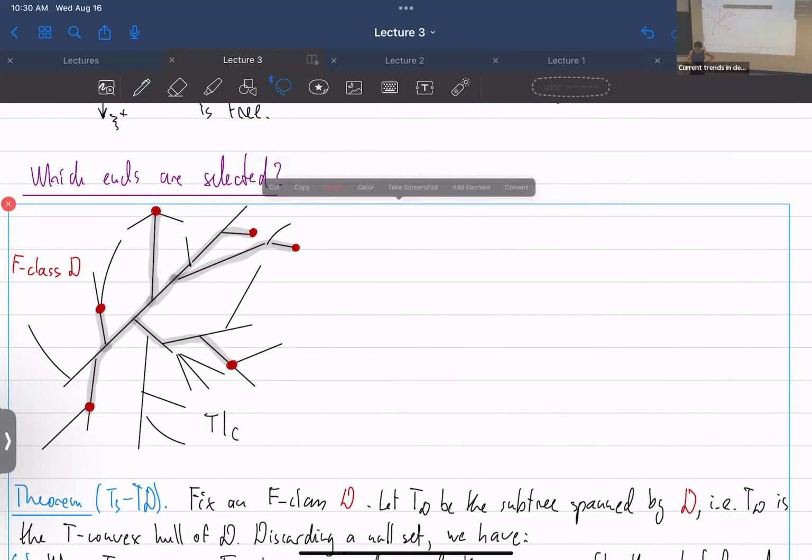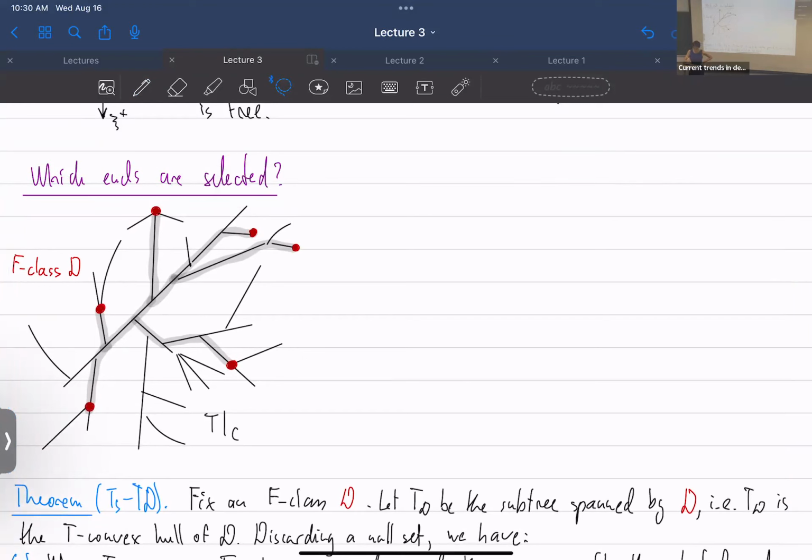Okay, so we know that if you have a treeable equivalence relation and an amenable equivalence relation F sitting in this treeable equivalence relation, then each F class selects 1 or 2 ends, somehow magically.